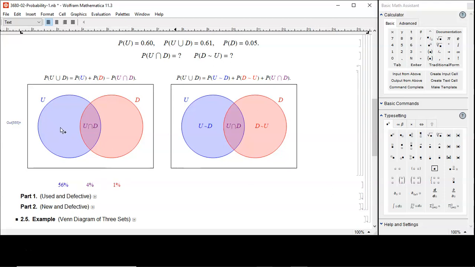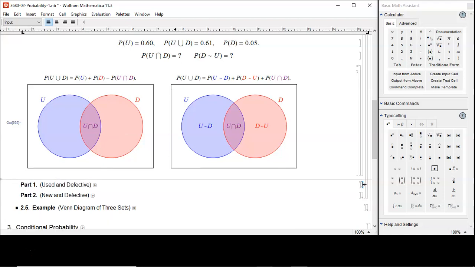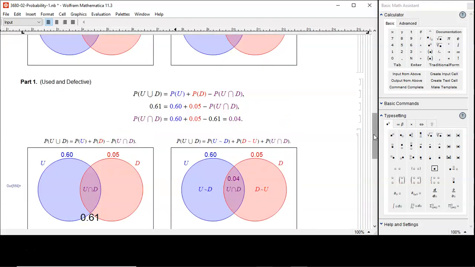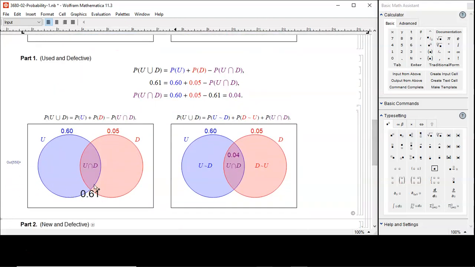I'd much prefer to put those numbers here, but sorry, it's kind of difficult to do that with Mathematica while explaining. So instead, I'll use step-by-step pictures like this. Total 60%, 60, 5%. And then by the same kind of idea, this should be 4% in the middle.